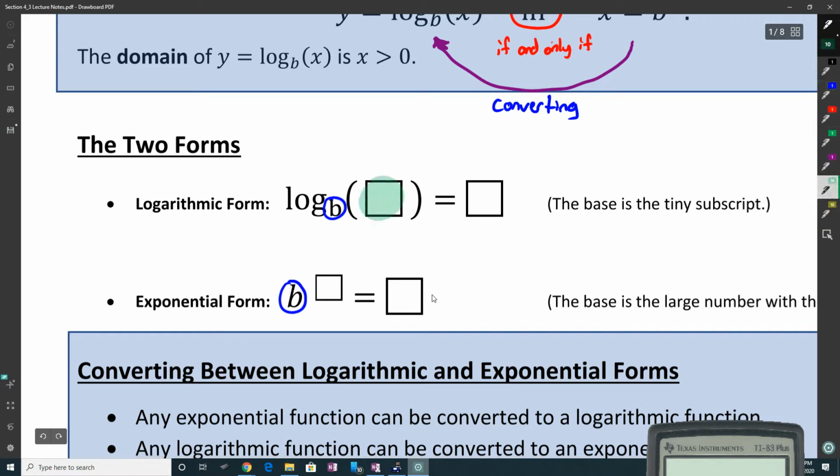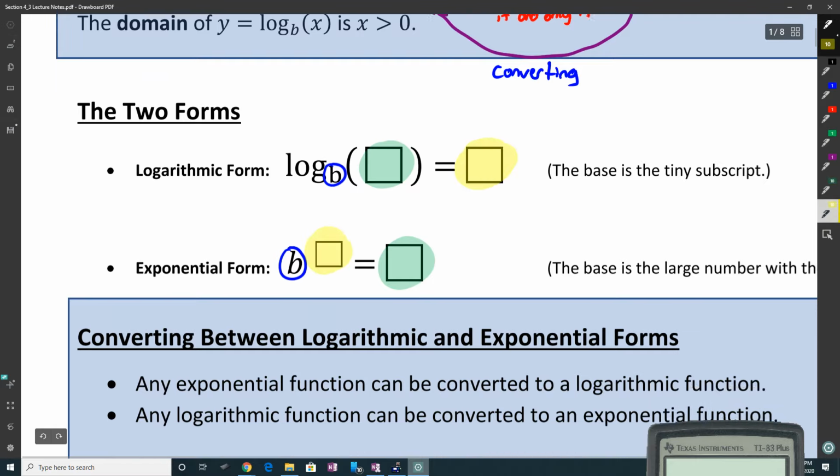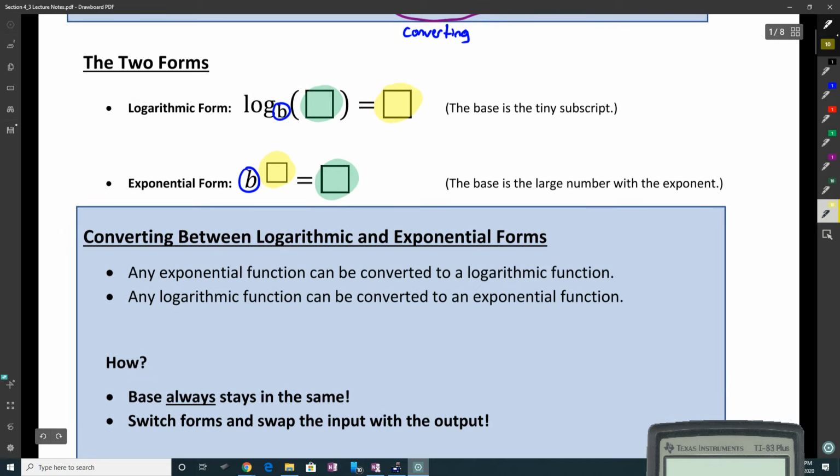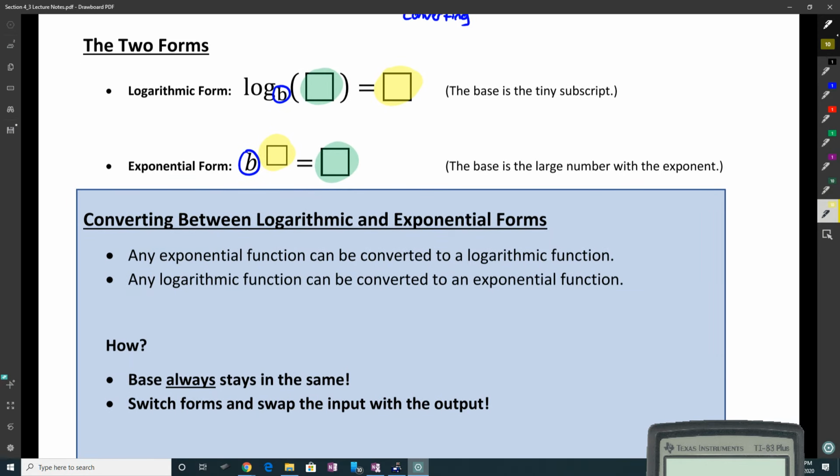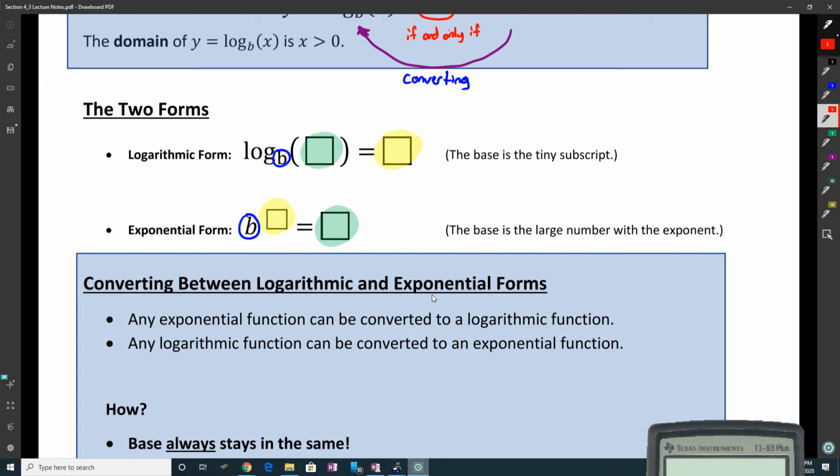The inside is going to become the answer. The answer is going to become the inside. So this is called converting, and this is really huge to solving equations. So this idea, going between these two forms, is the main topic for this lecture.